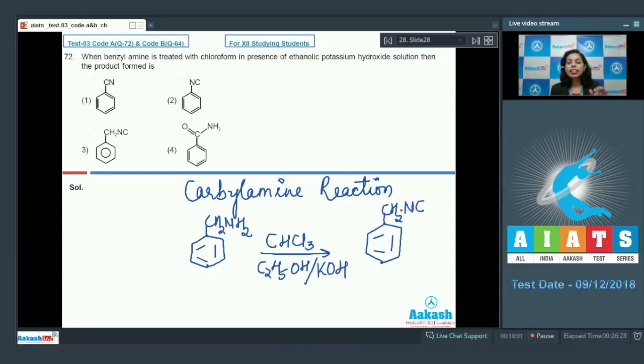Isocyanide is the substance which has a very foul smell, and this compound is given in option 3. That's why I choose this as the correct option. After the discussion of this carbylamine reaction, let's move on to question number 73.